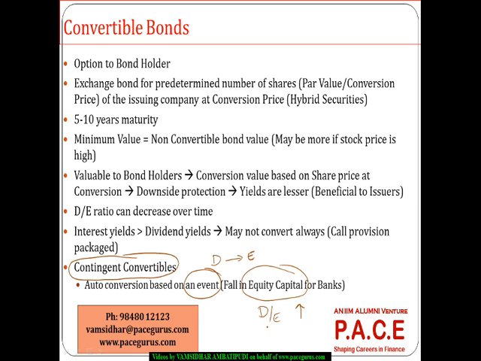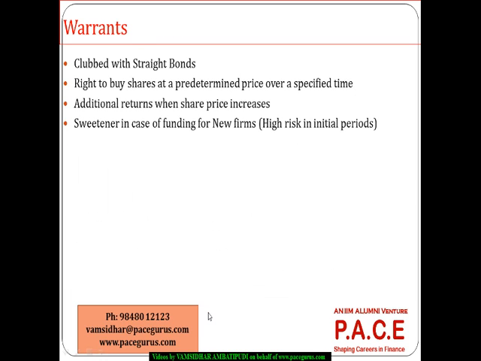There can be an automatic conversion of debt into equity, to maintain the regulatory equity capital and at the same time reduce the debt to equity ratio, because the existing debt is getting converted into equity. These kinds of bonds are also issued by companies in some cases, especially where there are regulatory requirements for meeting minimum capital requirements.